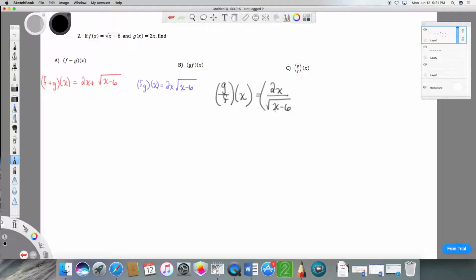But they expect us to rationalize denominators. So our final answer here is 2x times the square root of x minus 6.